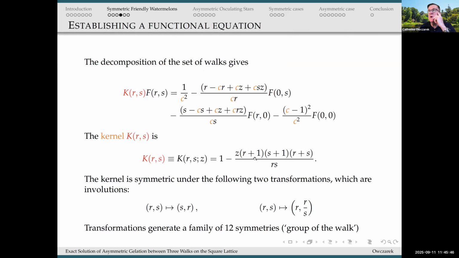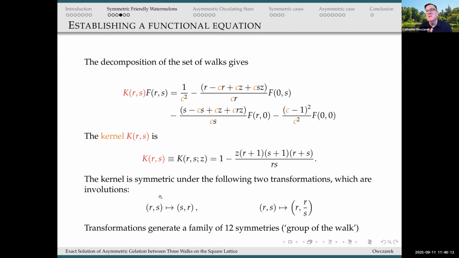It's a rational function, 1 minus Z, R plus 1, S plus 1, R plus S on RS, multiplied by the general generating function in R and S. And then you have a series of so-called boundary terms where you specify one of the variables to be 0 or both variables to be 0. And in fact, setting both variables to 0 gives you watermelons.